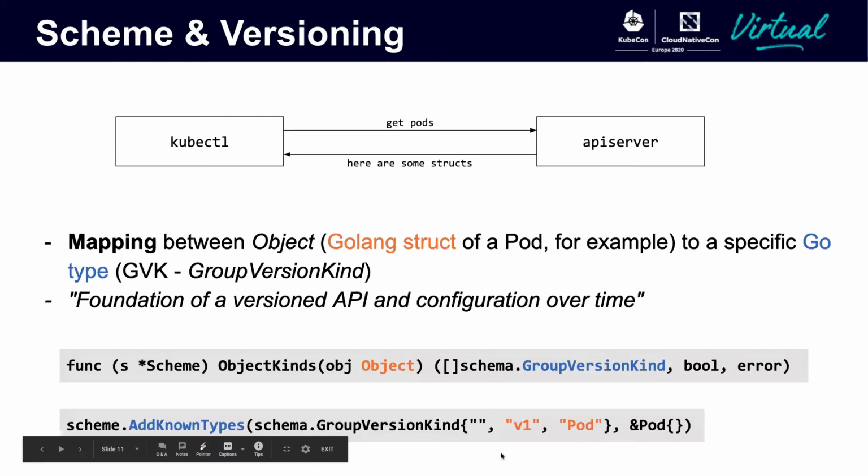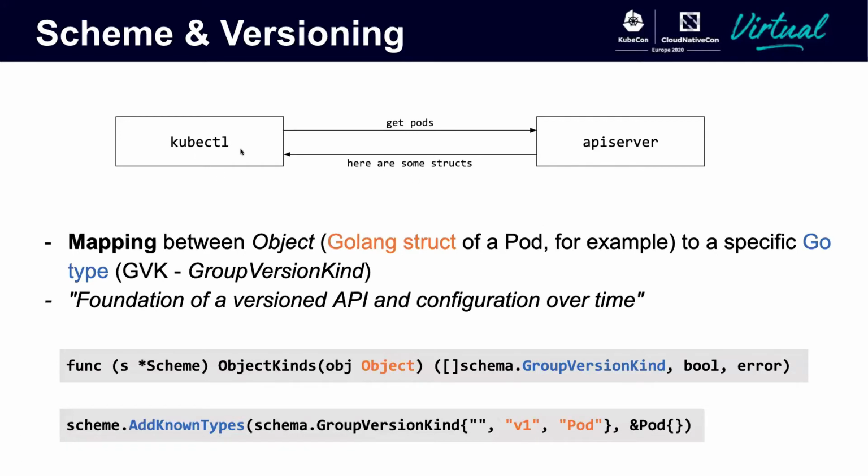This can easily happen if, for example, the client has a different version than the API server. I think with the version skew policy, we allow two major versions to differ, if I remember correctly. So we definitely need some tools to convert between these different versions.